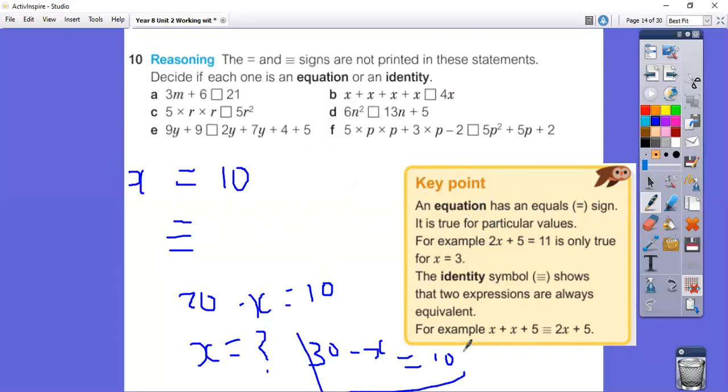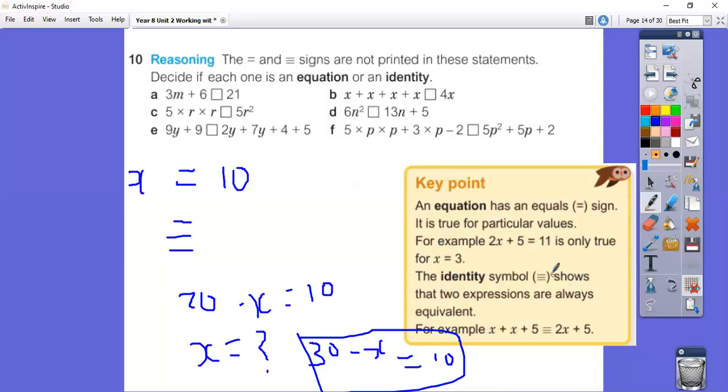But in a different question, where it says 30 minus x equals 10, x has a different solution, a different value. As it says here in the example, 2x plus 5 equals 11 is only true when x equals 3. 2 times 3 is 6 plus 5, 11. This will only be true with x equals 3 in this kind of question.